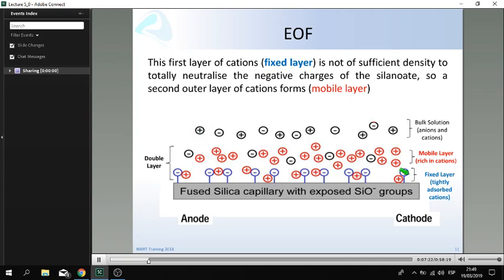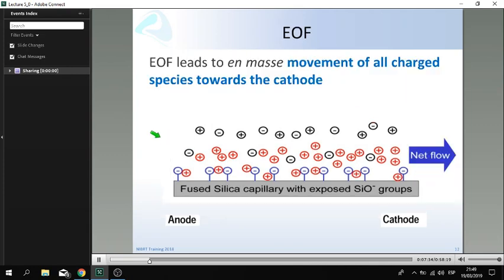So your fixed layer of tightly adsorbed cations and your mobile layer, which is rich in cations, form this double layer. And because this double layer is really rich with cations, and remember this is a mobile phase, all of those cations are moving towards the negatively charged electrode, or cathode.